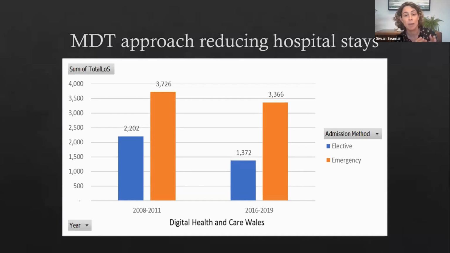And we looked to compare a 3-year period before the network, before the MDT approach was taken, with the same question at another 3-year period, a few years after the network had been established. And we can see from here that the admission rates dropped, both emergency and elective admissions dropped in the latter period, and also length of stay reduced as well.